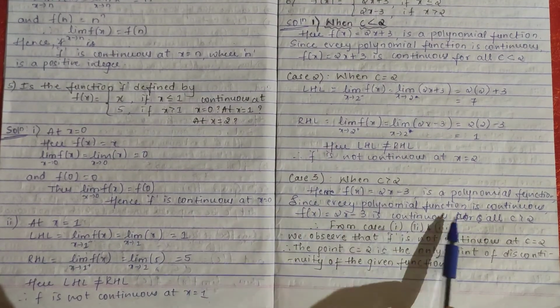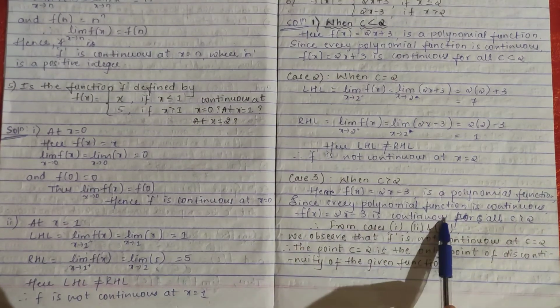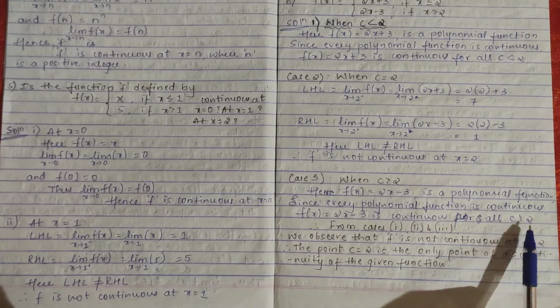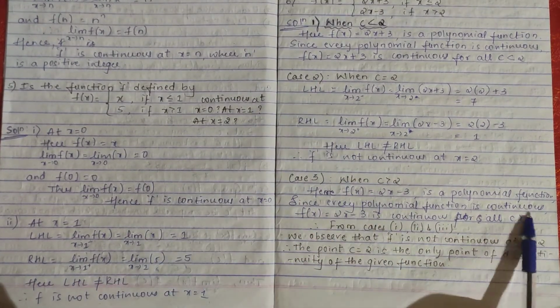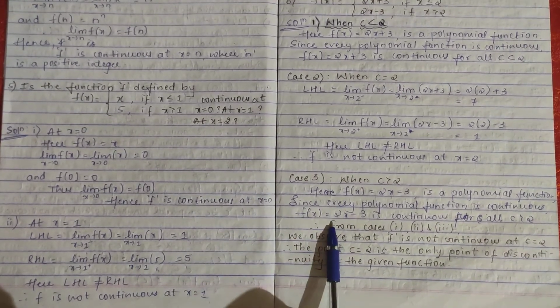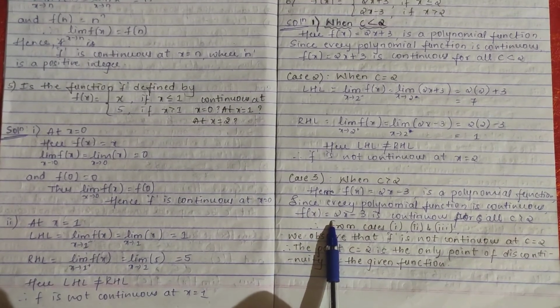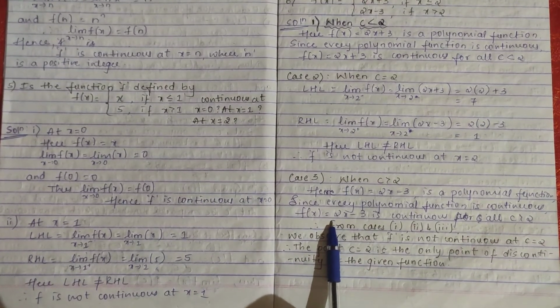Since every polynomial function is continuous, f of x equal to 2x minus 3 is continuous for all c greater than 2. Whenever you have a polynomial function like this, just directly write this statement. No need of going for limit at that point. Whenever they have given problems on floor of x or mod x, then you go for limit and all.